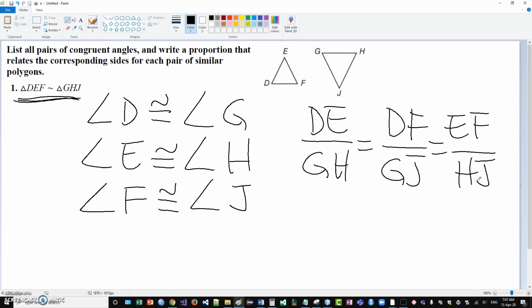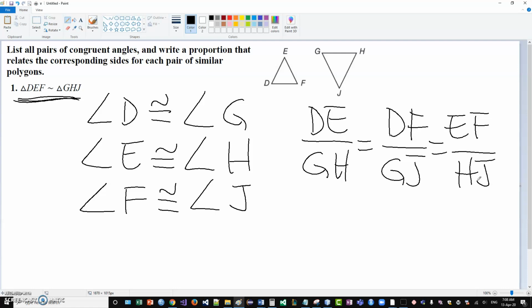This is what we call the similarity statement. If you're given two similar polygons and you're asked to write a similarity statement, you just list all the congruent angles and list all the corresponding sides of both triangles.